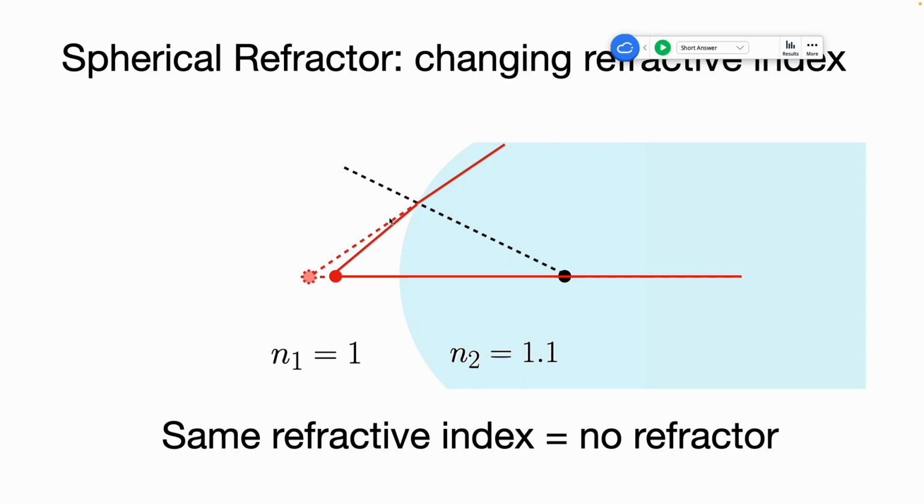Even though you haven't learned all the math, the geometry, you should know just by drawing or just by how refraction works, that if the refractor have the same refractive index as the air, then there's no change of speed of wave. If the speed of light doesn't change when it enters the refractor, then it shouldn't get refracted. And in this case, it should act as like there's no refractor at all, and the object and image should end up with the same location.